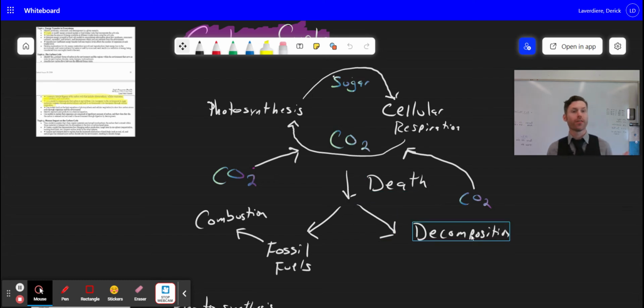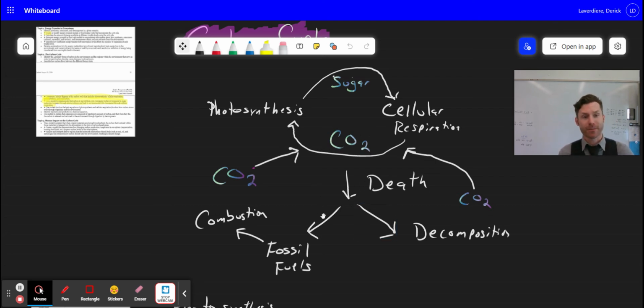A living thing dies, and decomposers come along and break down that living thing back into its base components. Those decomposers extract energy through the process, and then a bunch of gases are released, one of those gases being CO2, but also methane and other carbon-based gases. And then those gases make their way back into the environment, and then they recycle through the process.